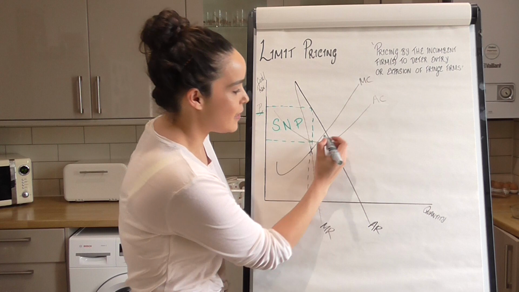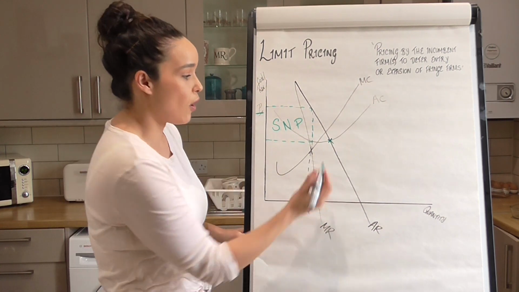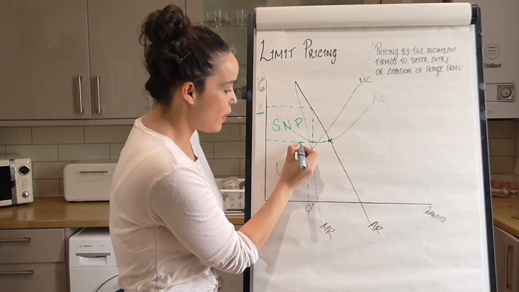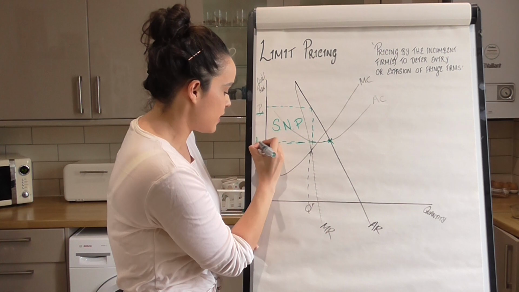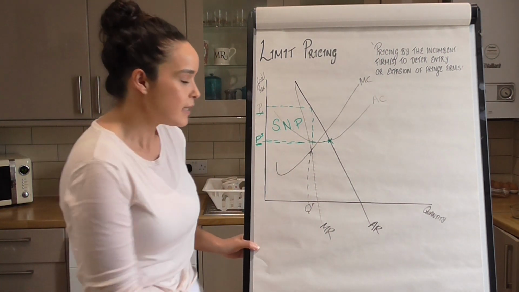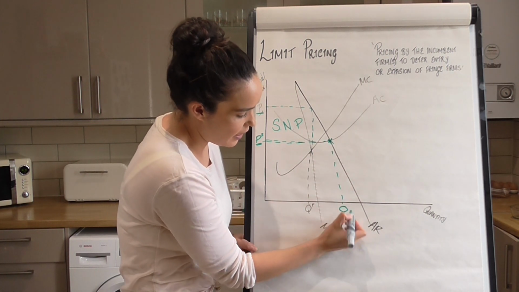So that price is obviously here, where the average revenue is equal to the average cost. I'll put PS because it's the sales maximizing price, and that is this quantity here.